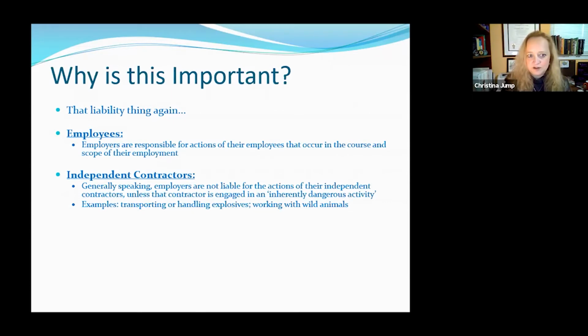An example would be transporting or handling explosives, working with wild animals, things like that. If you hired them for that function, then you may still be liable for how they perform it. But generally speaking, because you're not controlling how the independent contractor does the job, you're not going to be responsible for what happens when the independent contractor performs that function.